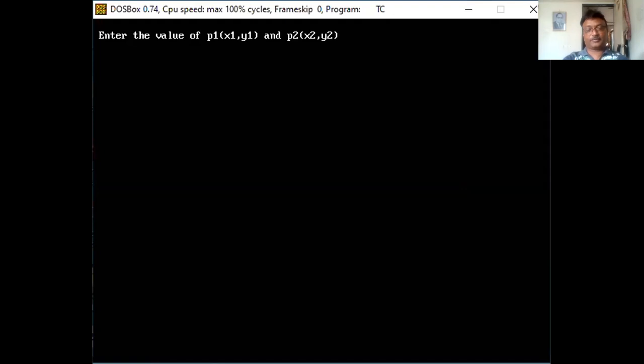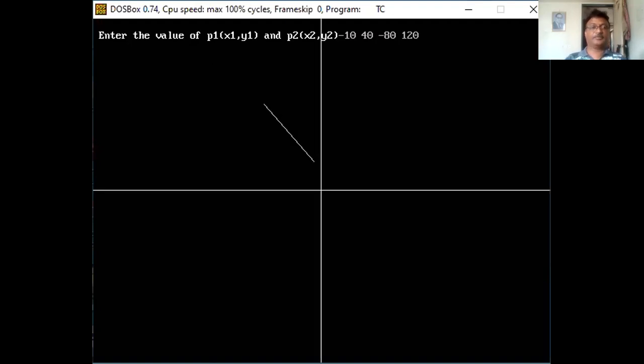Suppose for the second quadrant I enter -10, 40, -80, then 120. In which quadrant should this line appear? In the second, because in the second quadrant your x value is negative and y value is positive.